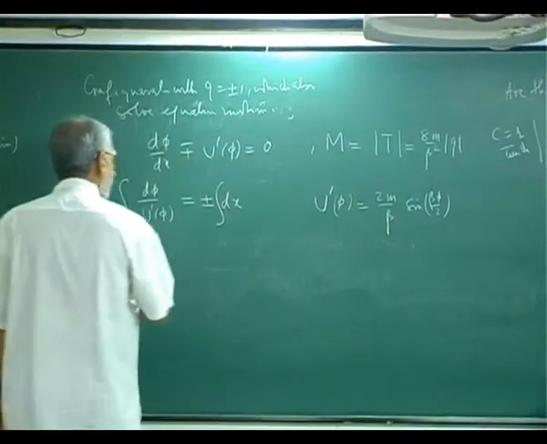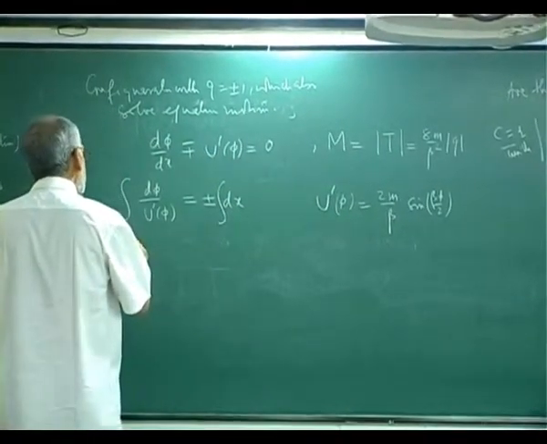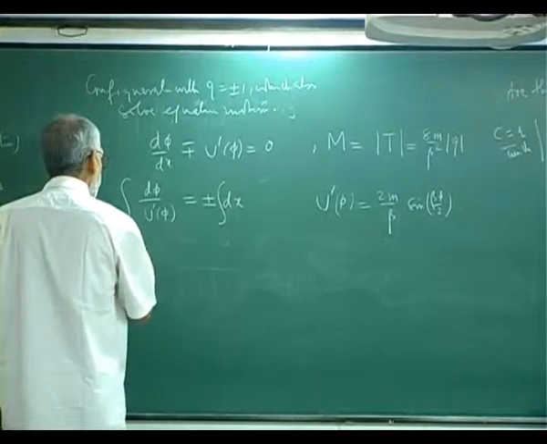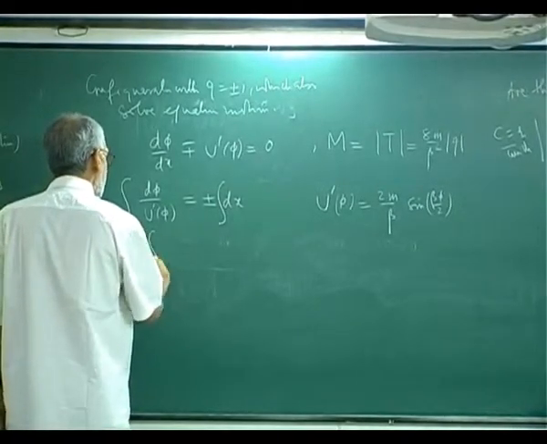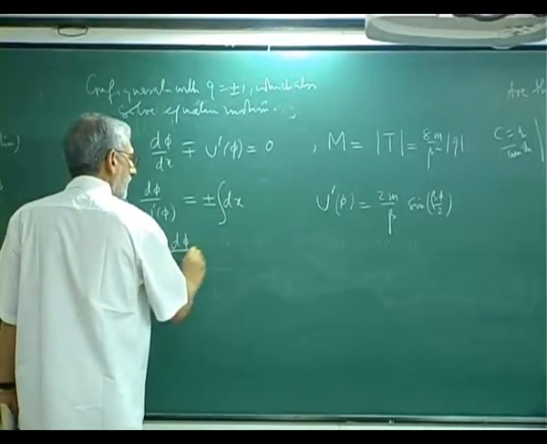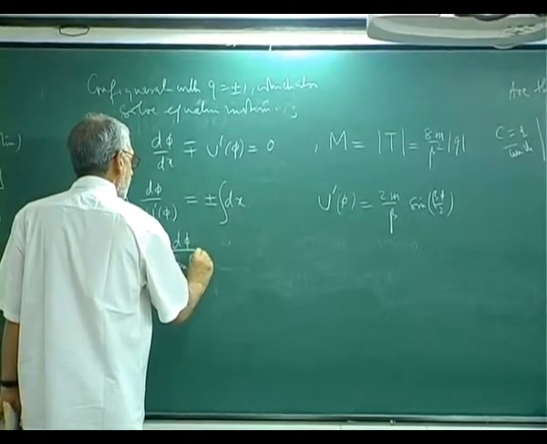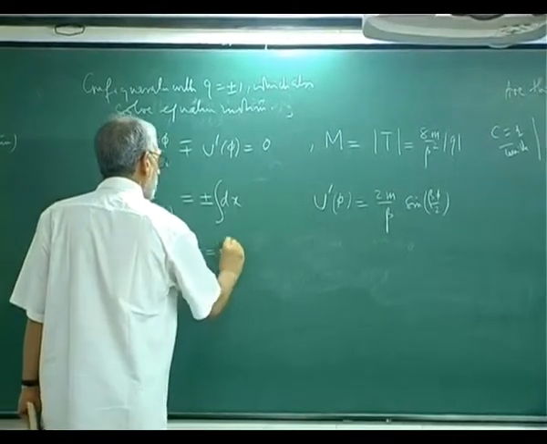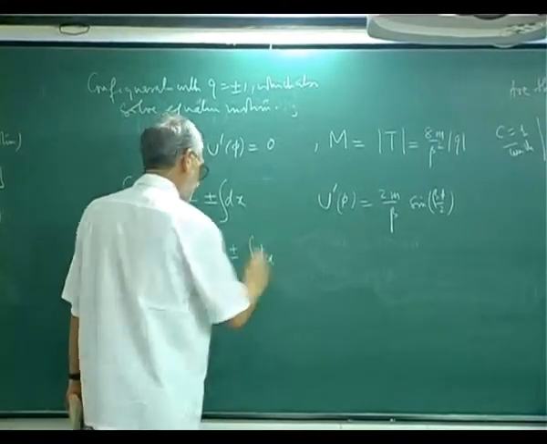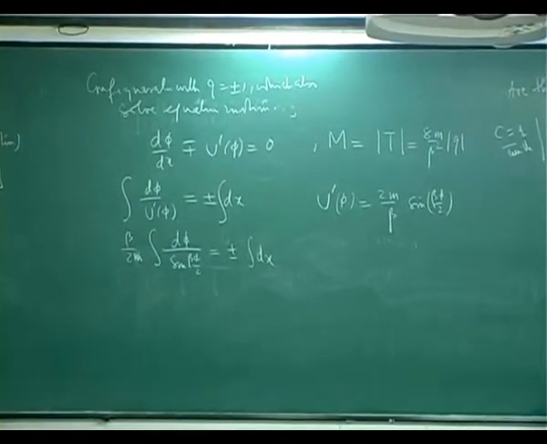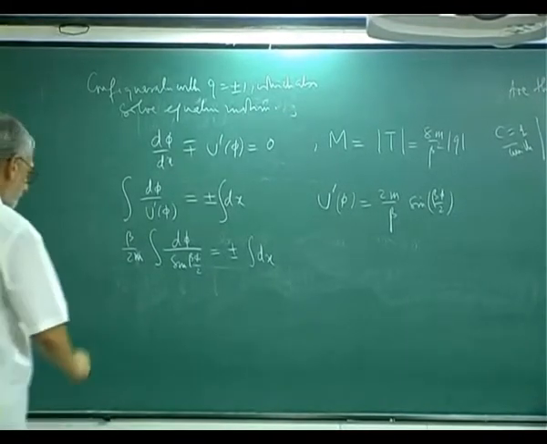So what do we have here? We have beta by 2m integral d phi by sine beta phi by 2 is plus minus dx. Now this is just an easy integral to do, and I'll leave that as an exercise.